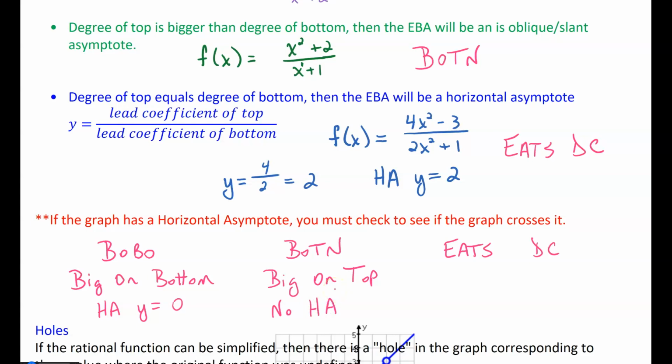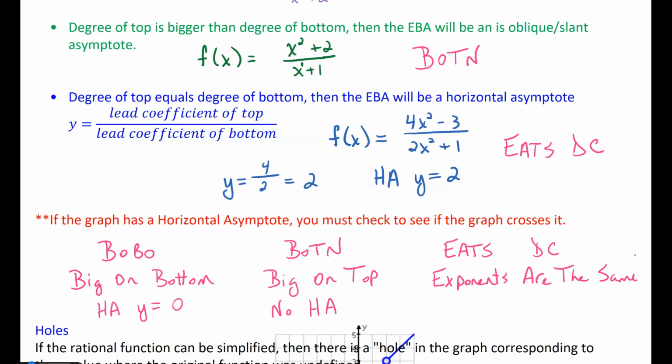Again, remember, if you're big on top, you end up getting a slant or oblique, which is not a horizontal. And the last one, which is kind of the long one, is exponents are the same.